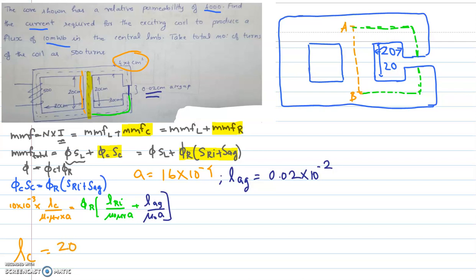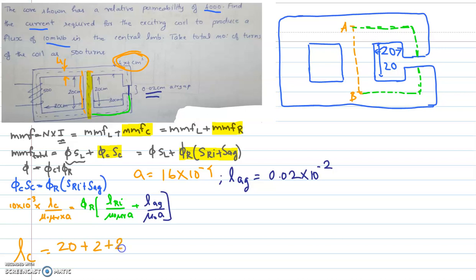20 plus the cross section is 4 by 4. That means here the total is 4, but I need to go only up to the middle point. That means 2 on the upward side, and on the downside again 2.